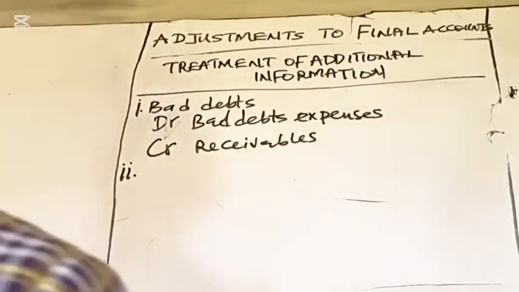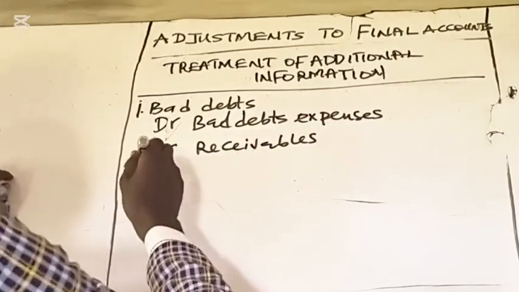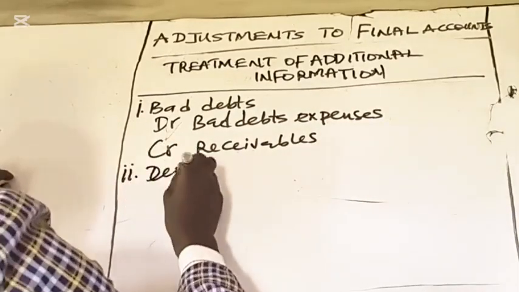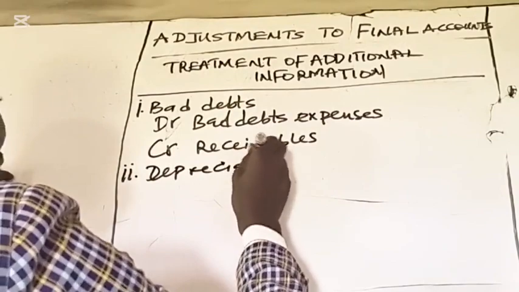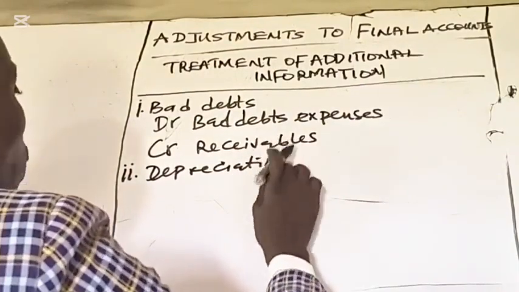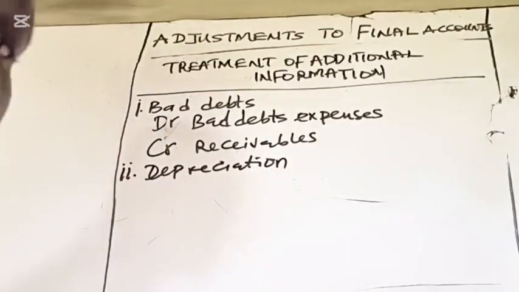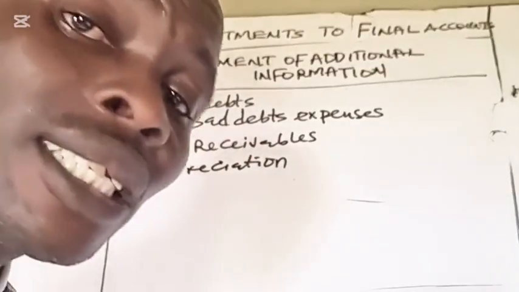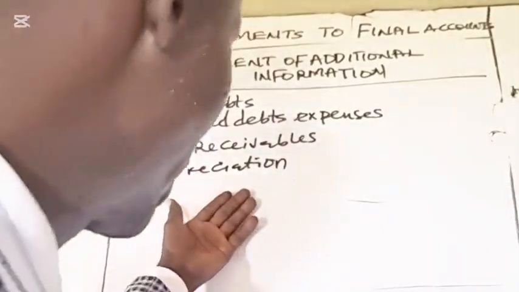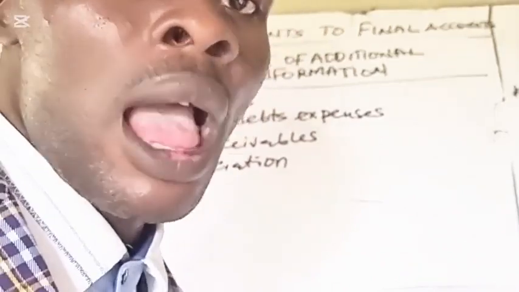Number two, depreciation. Depreciation is the allocation of a depreciable amount of an asset over its estimated useful life.